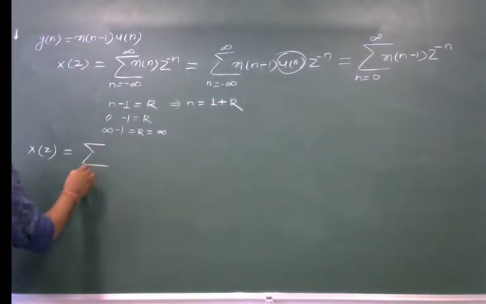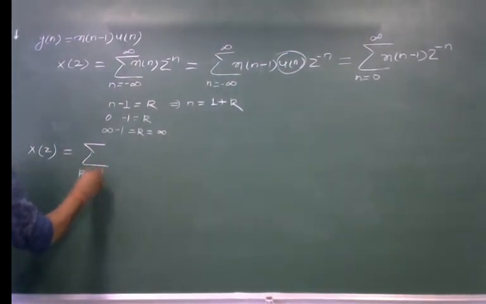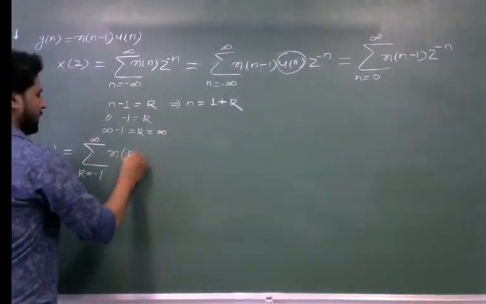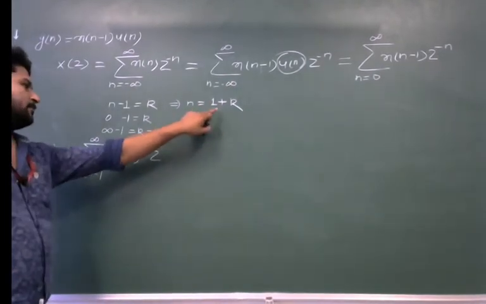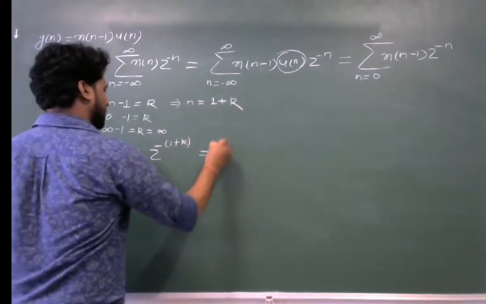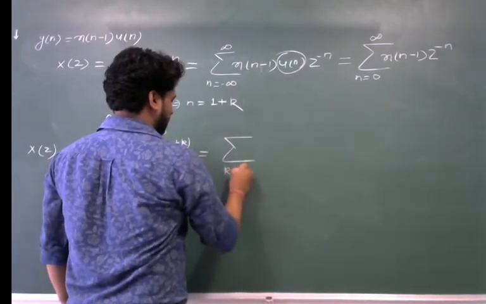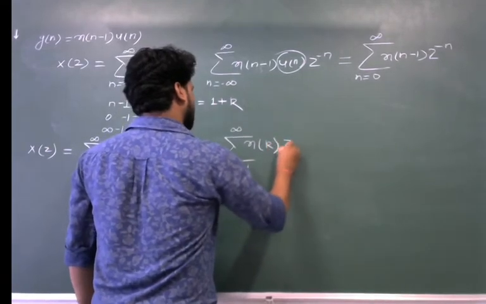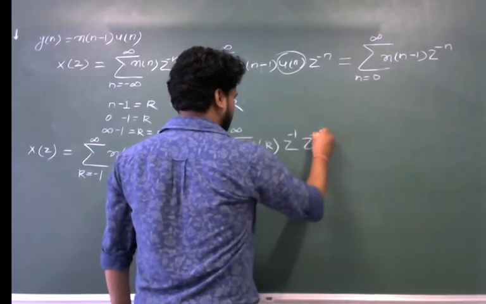now x of z will be equal to sigma with limit from k equal to minus 1 to k equal to infinite, x of k into z power minus n. Instead of n, I will put here 1 plus k, and this will become sigma k from minus 1 to infinite x of k into z power minus 1 into z power minus k.